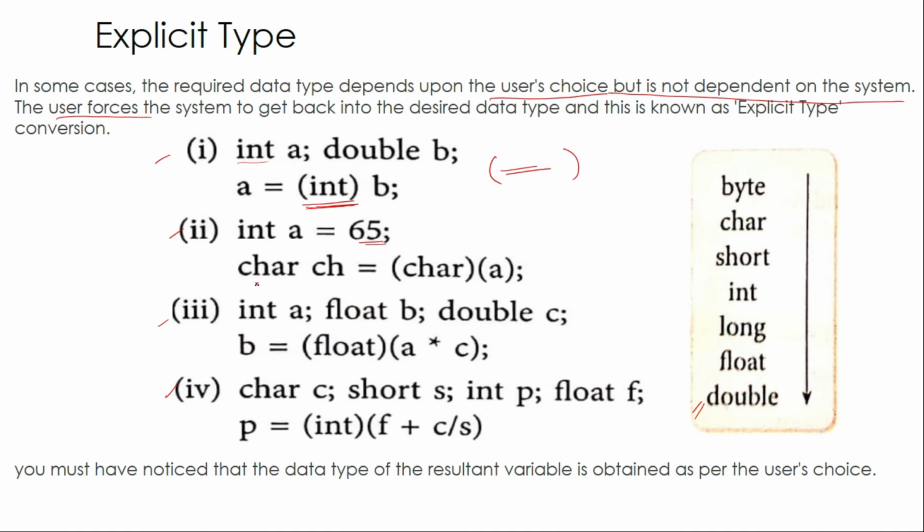So for that we will write char ch is equal to, and in the bracket we write the type, that means forcefully we are converting the integer data type to the character data type. Same in example 3 as well as example 4. Now you must have noticed that the data type of the resultant variable is obtained as per the user's choice, or you can say we are doing it forcefully.